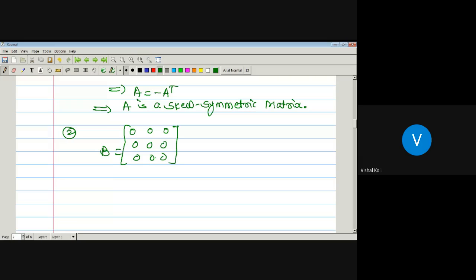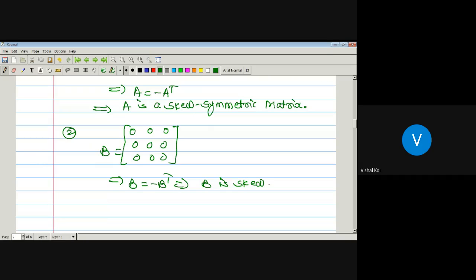Here we require B equal to minus B transpose. If we take B transpose, then B transpose is the same as B, and then we multiply each element of B transpose by minus 1. As all elements are 0, minus 1 into 0 is again 0. So B equals minus B transpose, which implies B is a skew symmetric matrix.